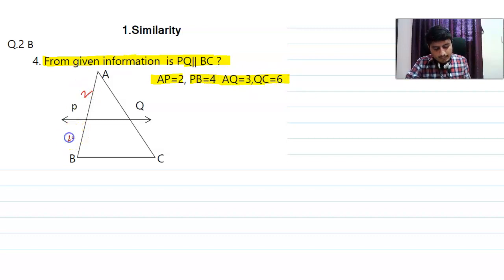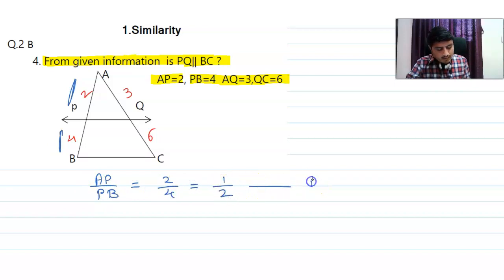AP is 2, PB is 4, AQ is 3 and QC is 6. Let us evaluate the ratio of the segments made by PQ on the sides AB as well as AC of the given triangle ABC. That means we find AP divided by PB first, which is equal to 2 divided by 4, 2 ones are 2, 2 twos are 4, so we have a half. Call it equation number 1.